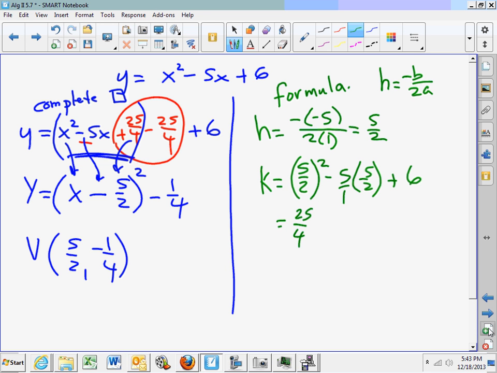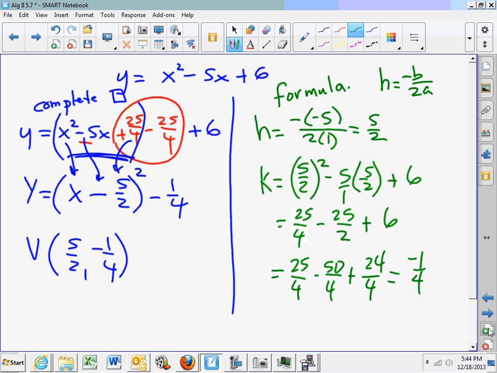5, let's make that 5 over 1 times 5 halves is 25 halves, and then we have plus 6. Now, I'm going to make all of these fractions have a denominator of 4. 25 fourths minus 50 fourths plus 24 fourths gives me negative 1/4.